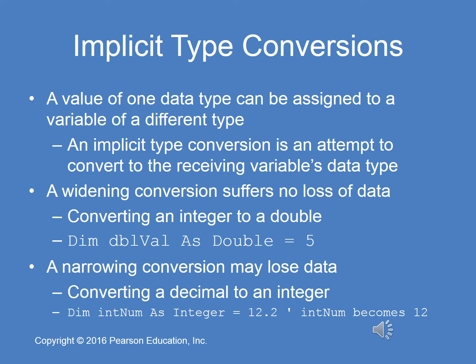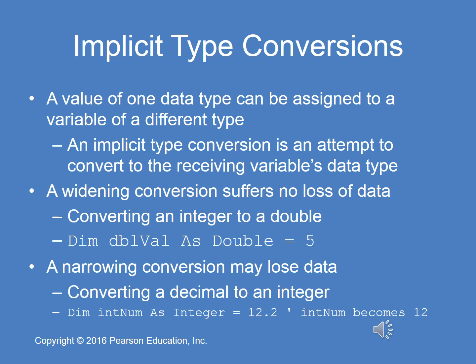First topic is implicit type conversions. That means a value of a specific data type, like an integer, can be assigned to a variable of a different type, let's say a double. And there is what's called an implicit type conversion that happens. And that's an attempt to convert to the receiving variable's data type.